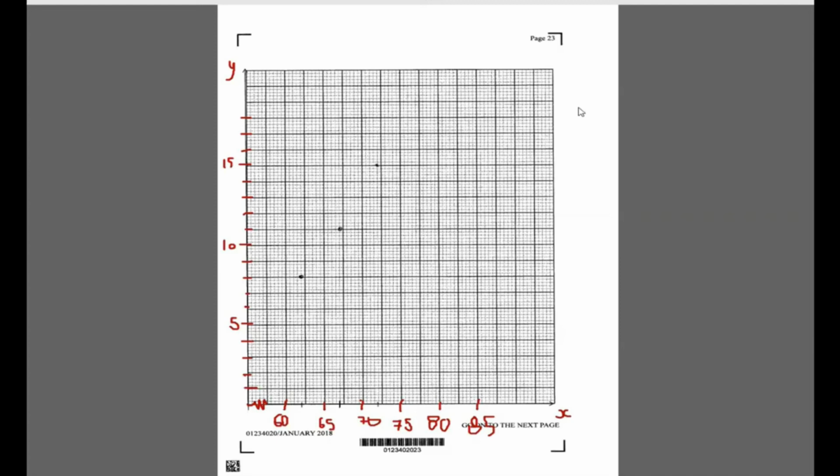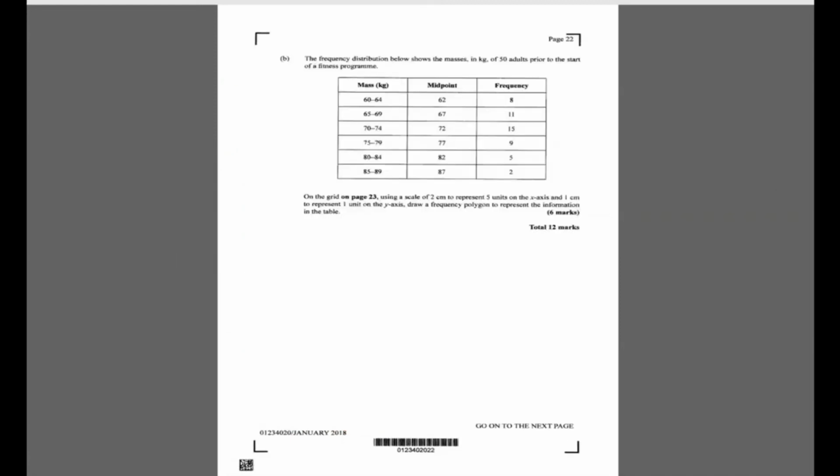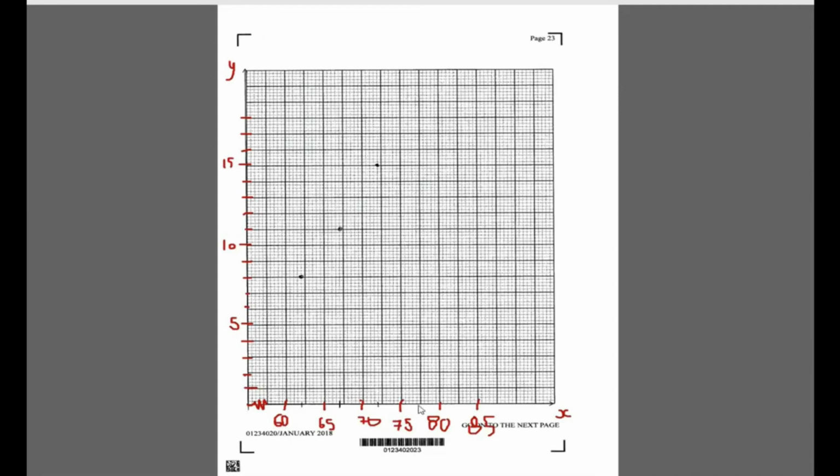Then we have 77 to 9. 77 is right here, and we're going all the way up to 9. 10 is here, so 9 is right here.